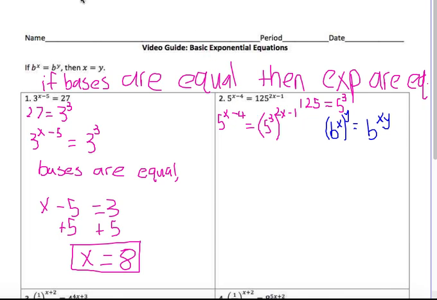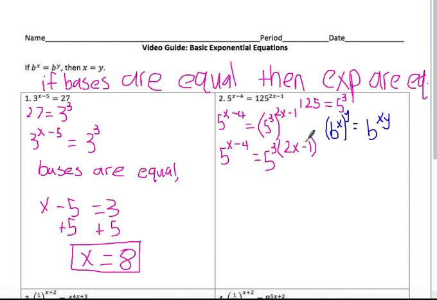This would be the same as 5 to the x minus 4. And on the right side, I can multiply those two exponents. So I have 3 times 2x minus 1. Notice it's extremely important that I have parentheses around 2x minus 1, because I don't just want to multiply 3 by 2x. I need to multiply 3 by the entire quantity 2x minus 1.